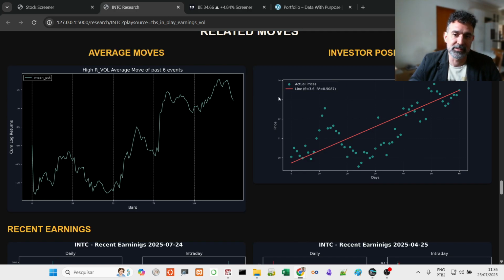So this is a quantitative analysis of how the stock has behaved on the past 6 events. In this case, it's automatically calculated. Right here, we can see how investors are positioned on the stock since last earnings. So basically, this is the close for the past 3 months or 6 days.